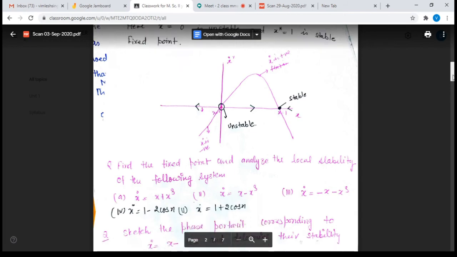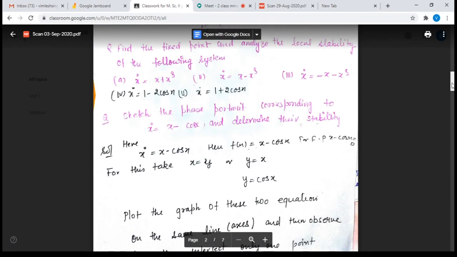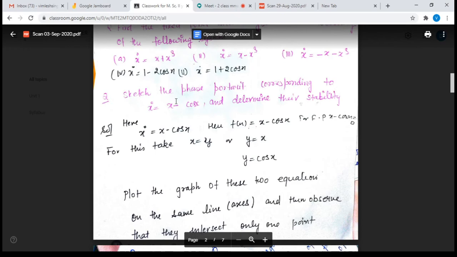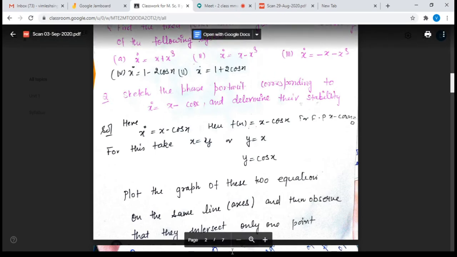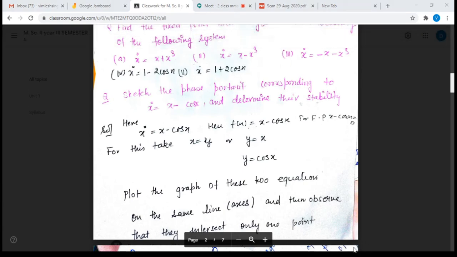Now some more examples we have taken here. Next example is: sketch the phase portrait corresponding to the equation x dot equals x minus cos x, and determine its stability.